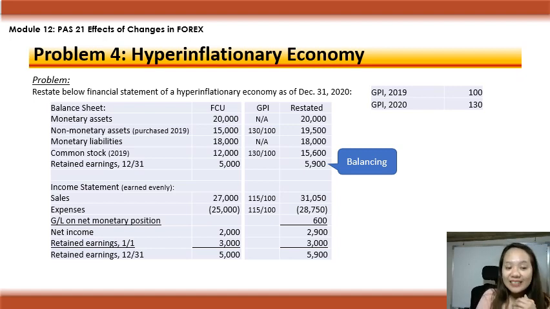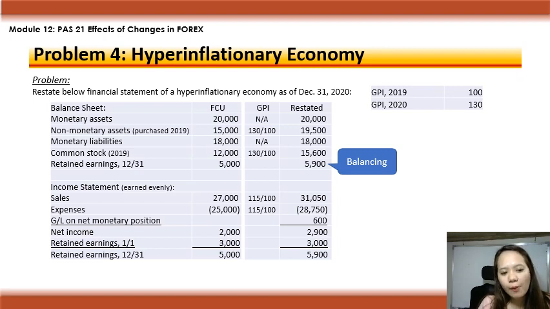So, meron kang sales and expenses. Kunin natin yung GPI. Sabi nung income statement mo, it is earned evenly throughout the year. Since earned evenly naman siya or incurred evenly yung expenses, kunin mo yung average GPI. So, kunwari, since walang given average GPI for the year, kunwari that's 130 over 100, that's 115. So, for your sales and expenses, translate it as 115 over 100.